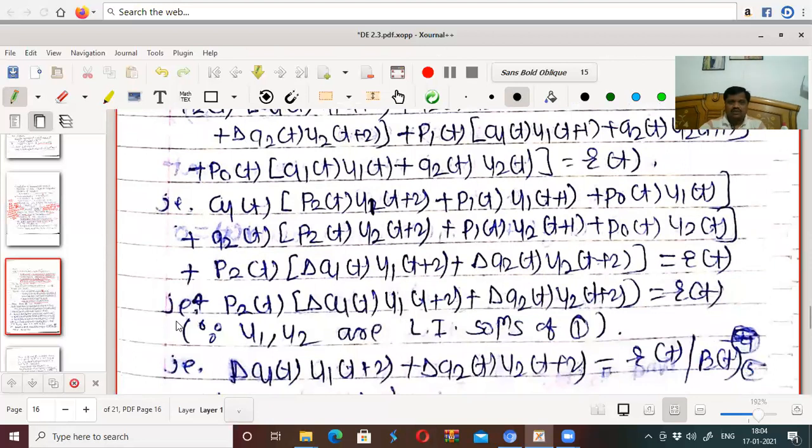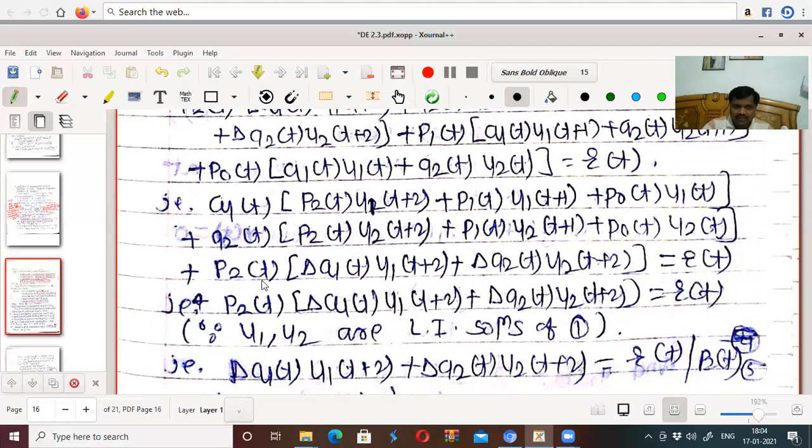Now, since u1 and u2 are the solutions of the homogeneous equation, therefore p2t u1t plus 2 plus p1t u1t plus 1 plus p0t u1t equal to 0. Similarly, p2t u2t plus 2 plus p1t u2t plus 1 plus p0t u2t is also equal to 0.